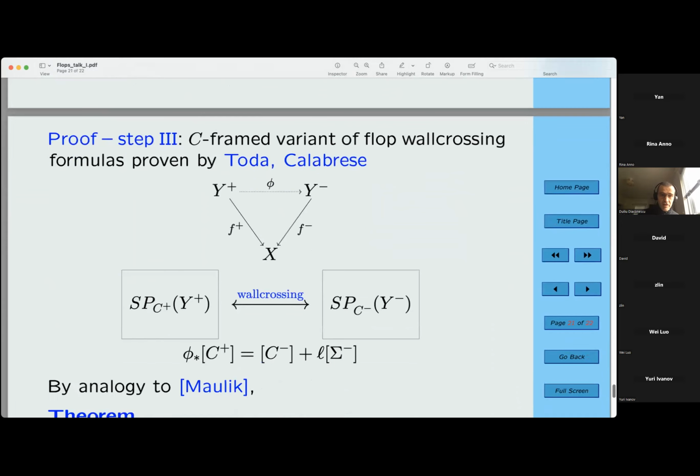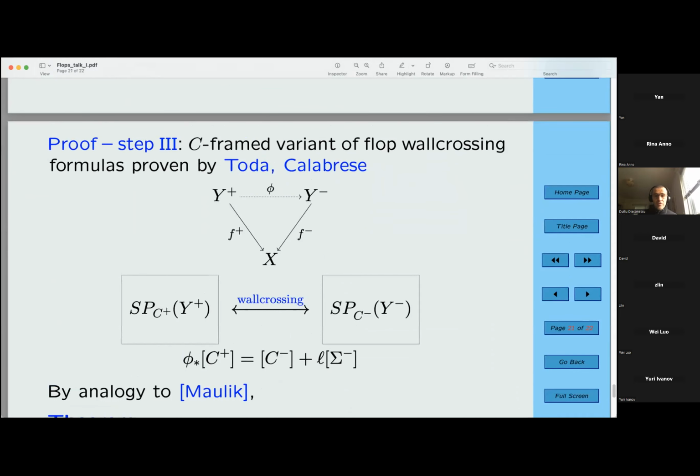And finally, the third step is the flop formula itself. This is something well established by now.